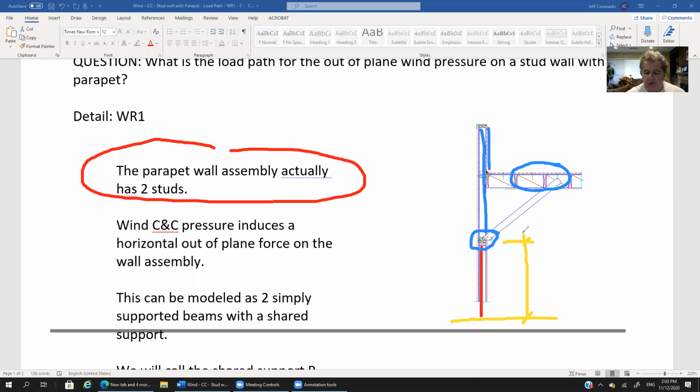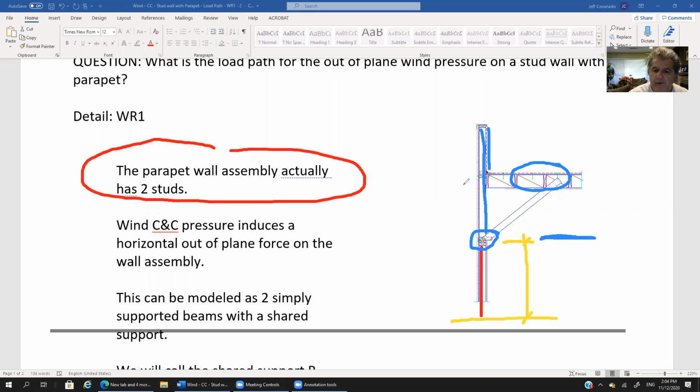So we've got a two-stud assembly. We've got a stud that's full height from floor to double top plate, and probably there's a ceiling right across here. And then from the double top plate onto the top to create this parapet. All right, wind component and cladding pressures induce a horizontal out-of-plane force on the wall assembly.